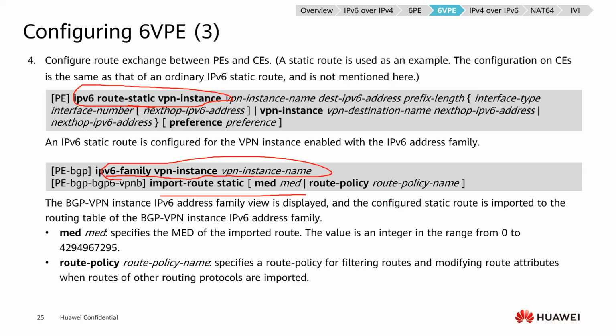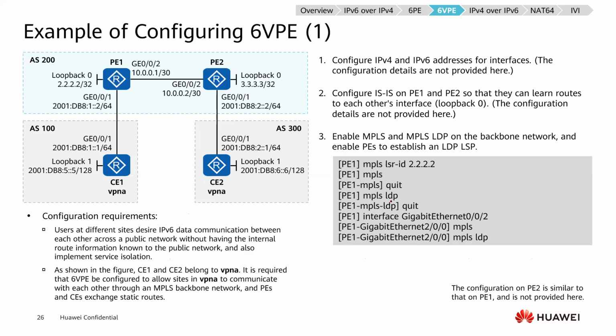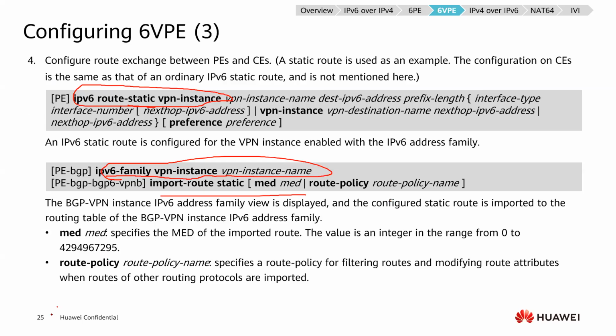And for the CE, you just configure the normal IPv6 static route, or use some IGP or BGP, just IPv6 routing.